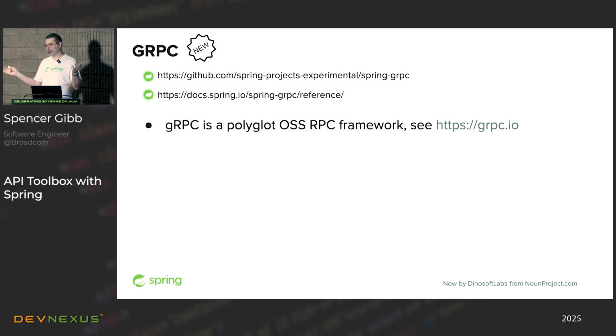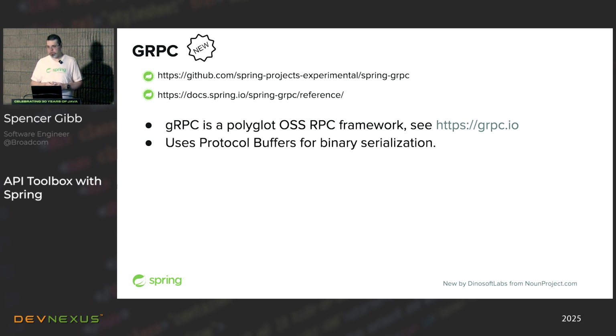HTTP is typically text, and so you have the overhead of encoding. So gRPC was an attempt to make things a little more performant. It uses something called protocol buffers to define the data that you're sending, and these are .proto files.